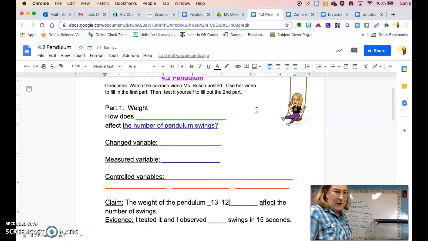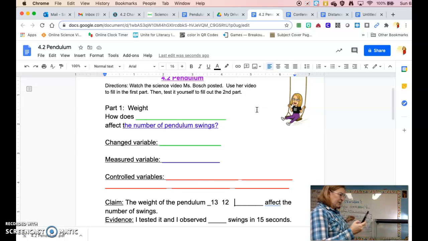So 13, 12, I'm going to test it again to see which one it is, because if it's getting 13s and before Miss Bush got 12s, this extra penny might be causing a change, and this might be the trick to making it change the number of swings. But if I test it a third time and it turns out 12, then maybe my counting was off.